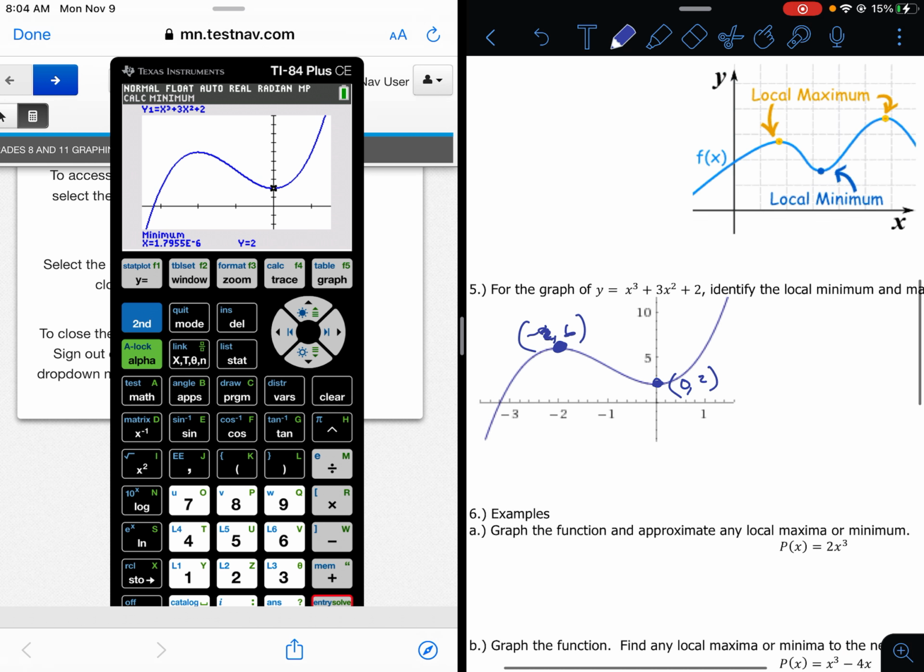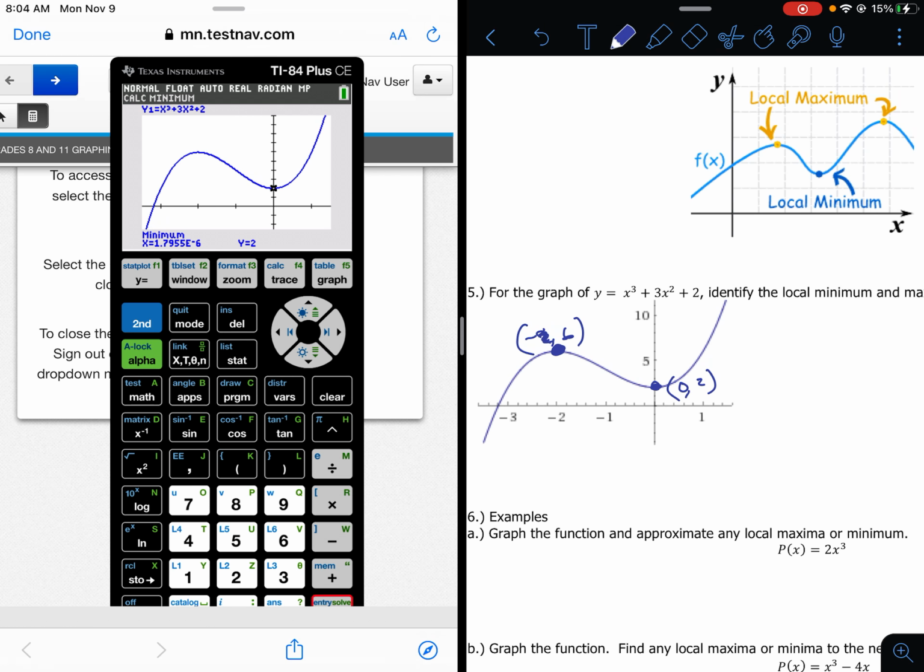And so now when we want to write end behavior, we write it as f of x approaches. So when we're talking about this side, since the graph goes up like this, we know that f of x approaches infinity. If it were going down, then it would be negative infinity.